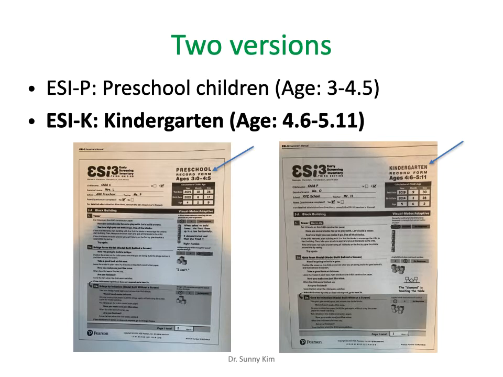The 2 versions are in one assessment kit. ESI-P is for children from 3 years to 4 years and 5 months old, and ESI-K is for children from 4 years and 6 months to 5 years and 11 months.